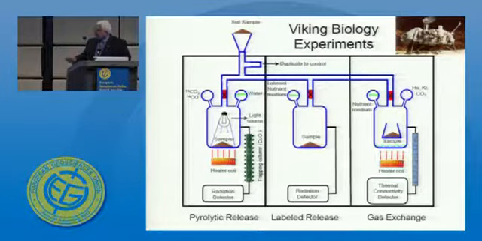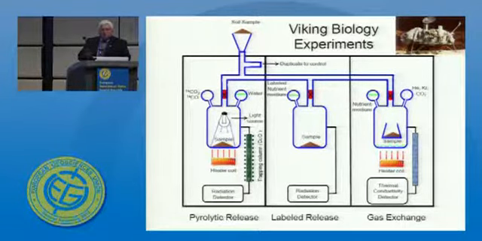However, in this experiment, the kinetics was very different. This was a sudden and abrupt release of oxygen. So this looks more like a chemical reaction rather than a biological reaction.